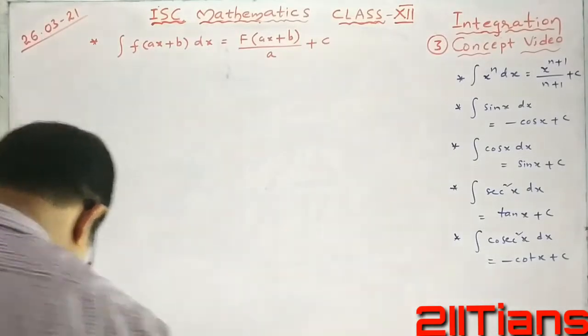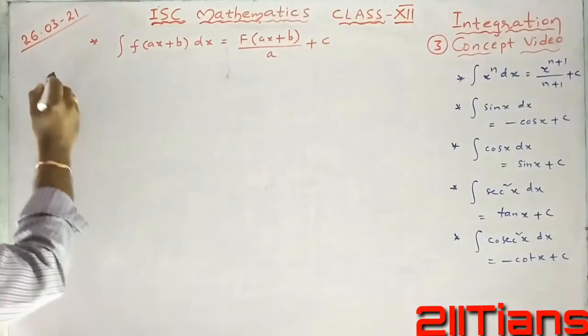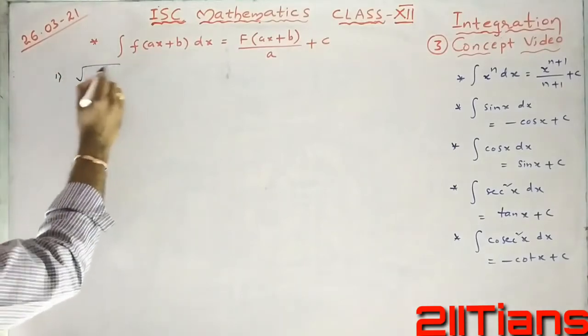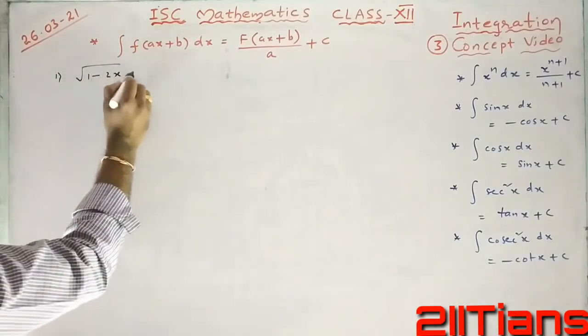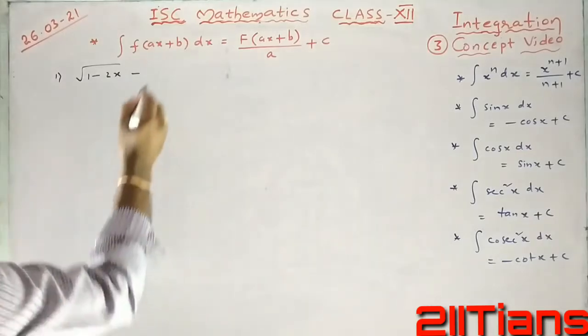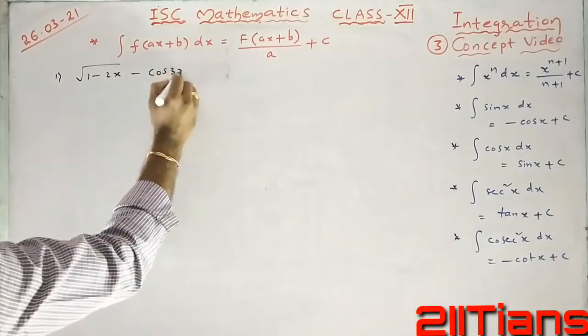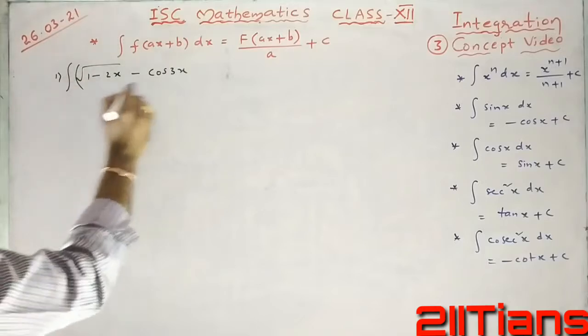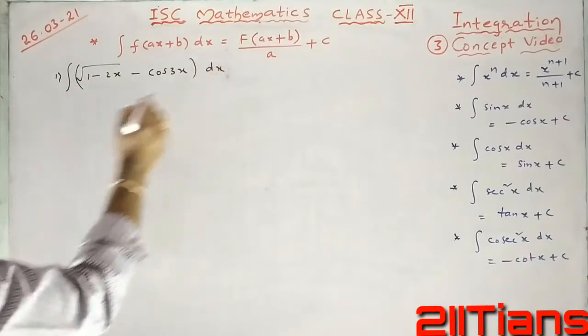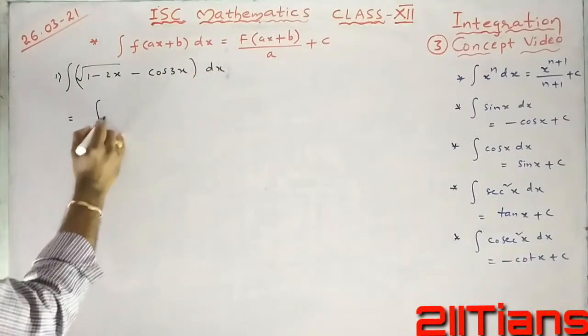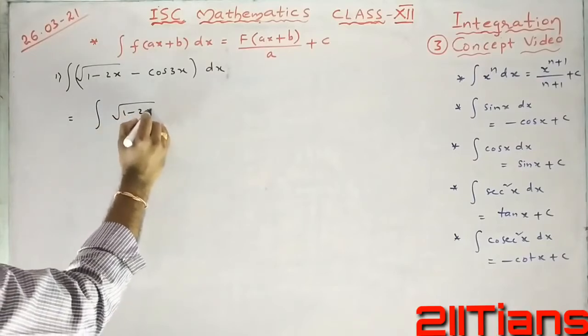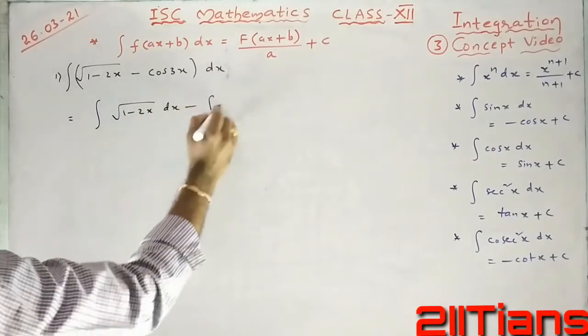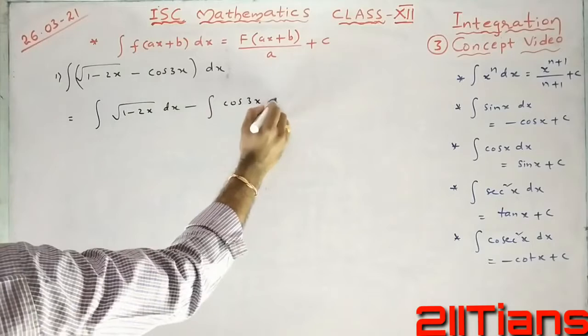Next comes square root of 1 minus 2x minus cos 3x, integral dx. So if you look here, I am splitting the integration: integral of square root of 1 minus 2x dx, minus integral cos 3x dx.